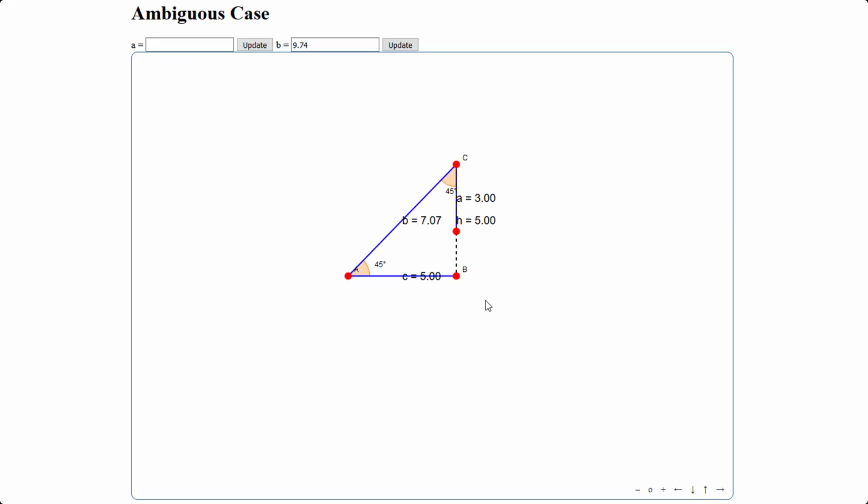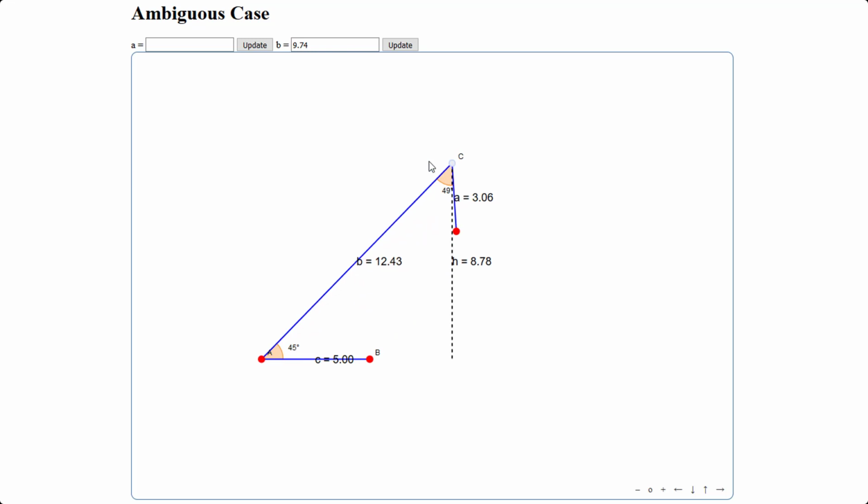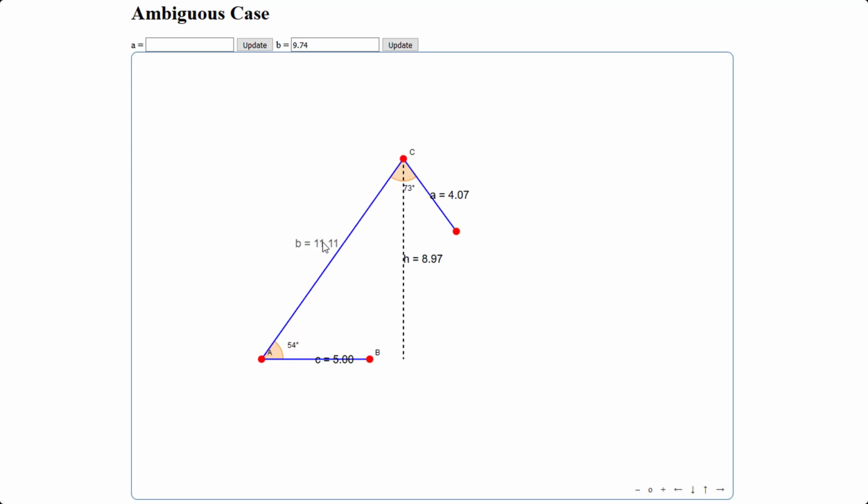So the situation in the ambiguous case is that for any angle measure that I define A to be, and the side adjacent to it here B, and the side opposite A, this side length I'm just going to be able to set to anything that I want here, because I know an angle, a side, and the side opposite.